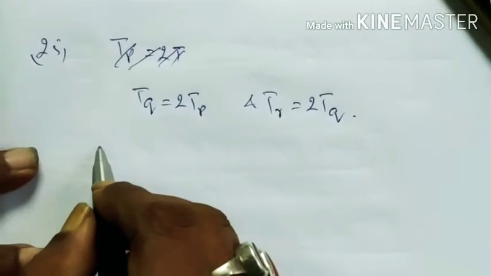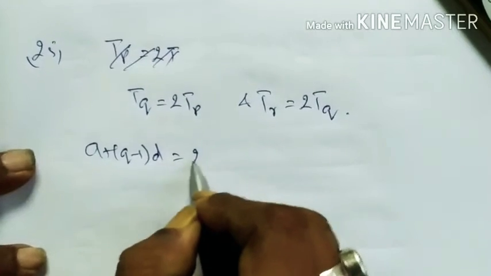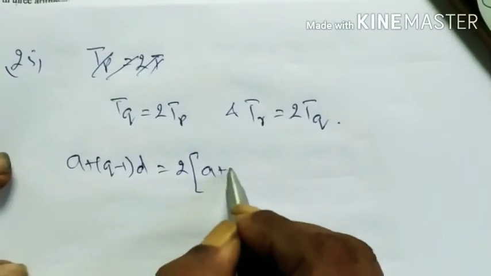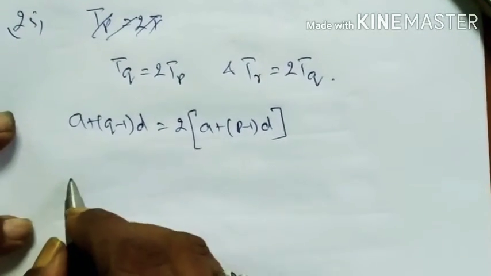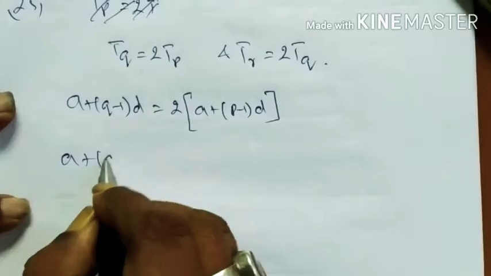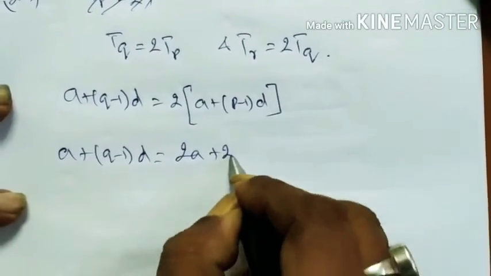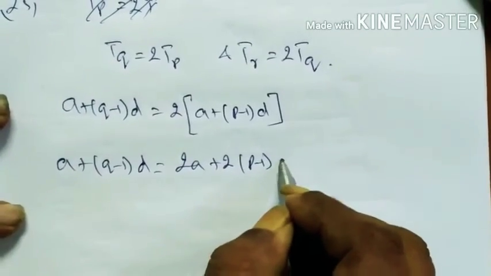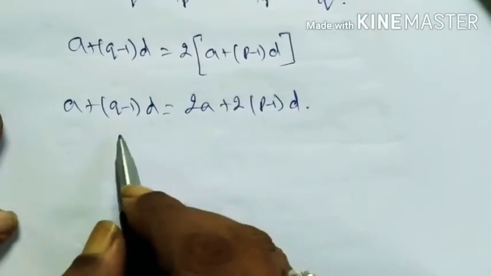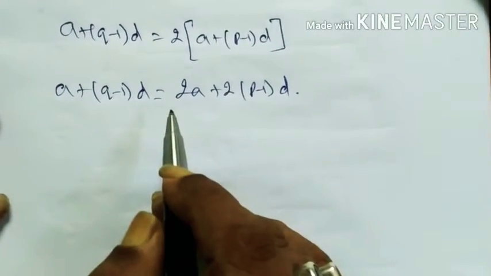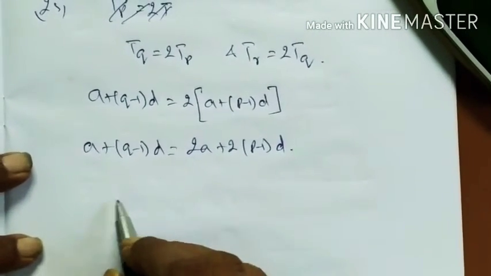The qth term, a plus q minus 1 d, is equal to 2 times a plus p minus 1 d. So we get a plus q minus 1 d is equal to 2a plus 2 p minus 1 d. Let me take a to one side and d to another side.